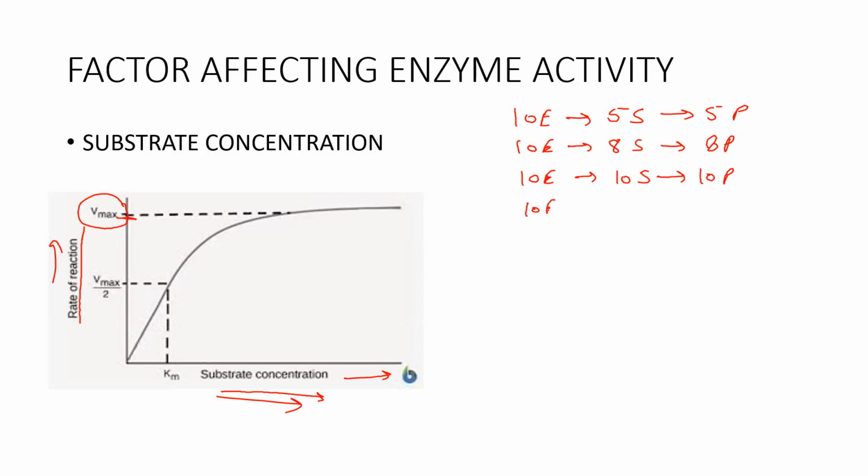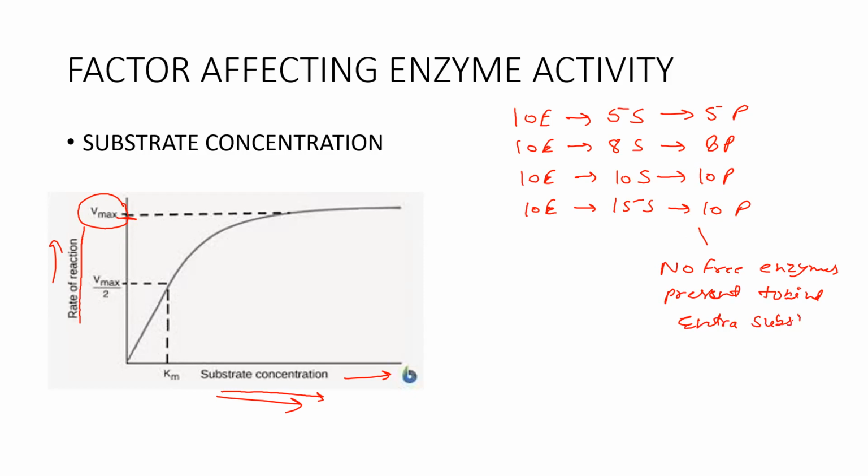But here are 10 enzymes, and if you increase the substrate concentration to 15 substrates, how much product will you get? 10. Why? Because there is no free enzyme present to bind the extra substrate.